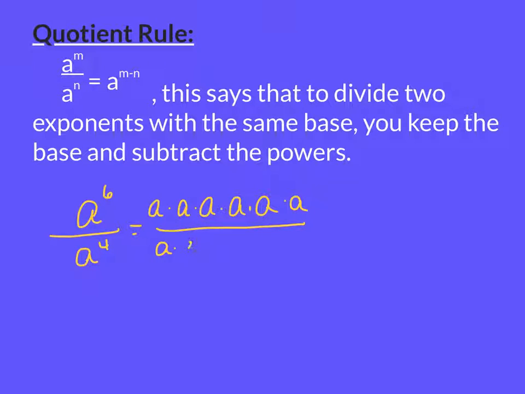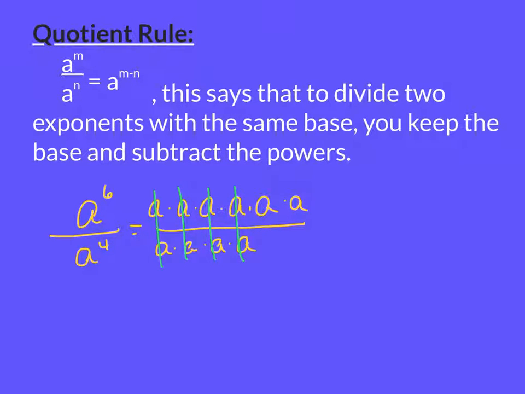So I've got a times a times a times a. Now, as you know, if you have the same value on the top as you do on the bottom of a fraction, or when you divide a number by itself, they cancel. So those a's are going to cancel. Those will cancel.